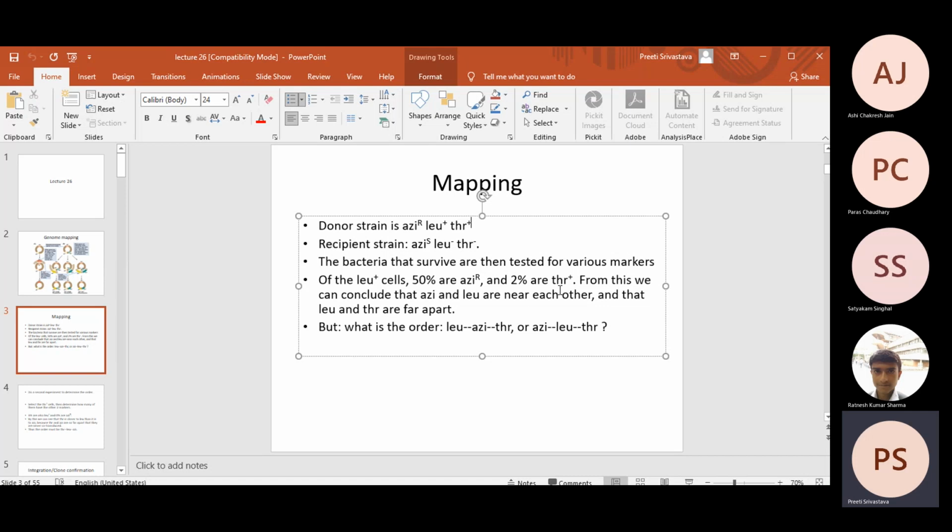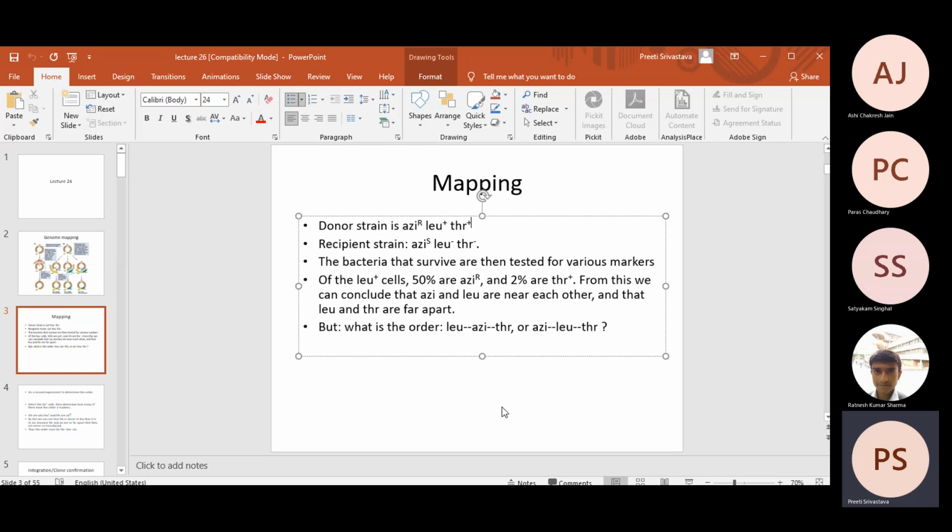Then it asks what is the order of the genes. Is it leucine, azithromycin, and threonine, or is it Azi, Leu, and threonine? So what is the order? Here, students, please pay attention that this is not conjugation. In conjugation, if you remember, the first marker which enters the cell is the one which gives you the highest number of colonies.